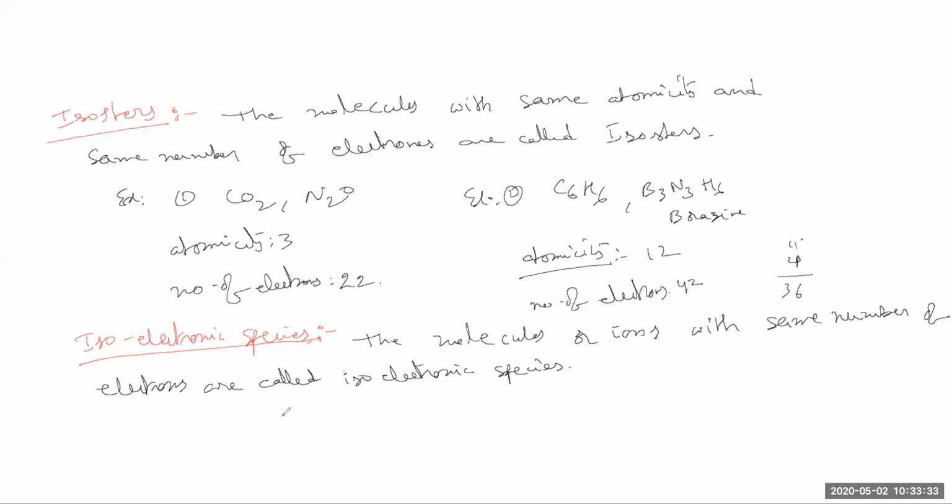For example, N-3, O-2, F-, or neon, Na+, Mg+2, Al+3, right? These all have the same number of electrons. Count the number of electrons in these species: 10 only.